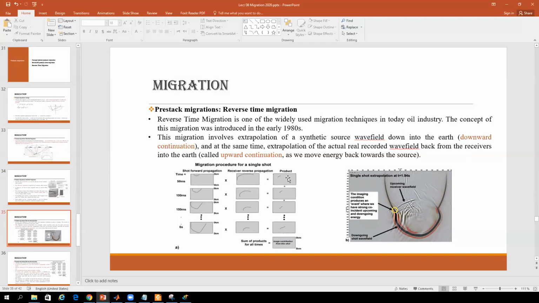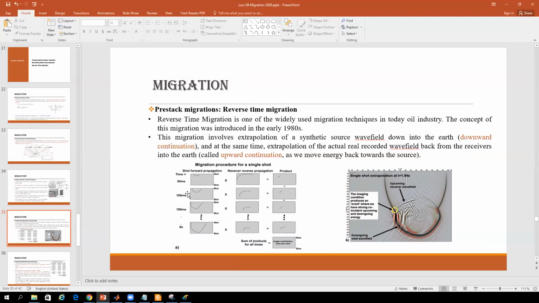Then we have the cross correlation of the two solutions of the wave equation: the forward propagation solution and the reverse propagation solution. We do the cross correlation of them, and then we get a product from them.